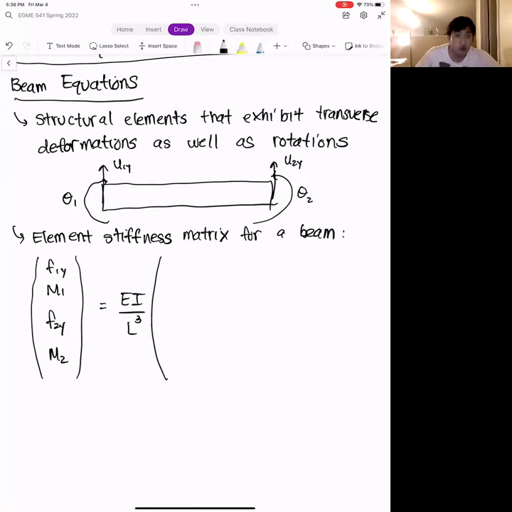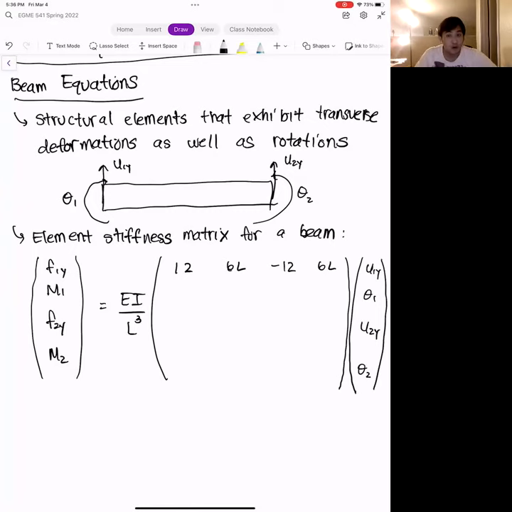So we have an EI over L cubed out in front. And our degrees of freedom are, again, our transverse displacements and our rotations, okay?